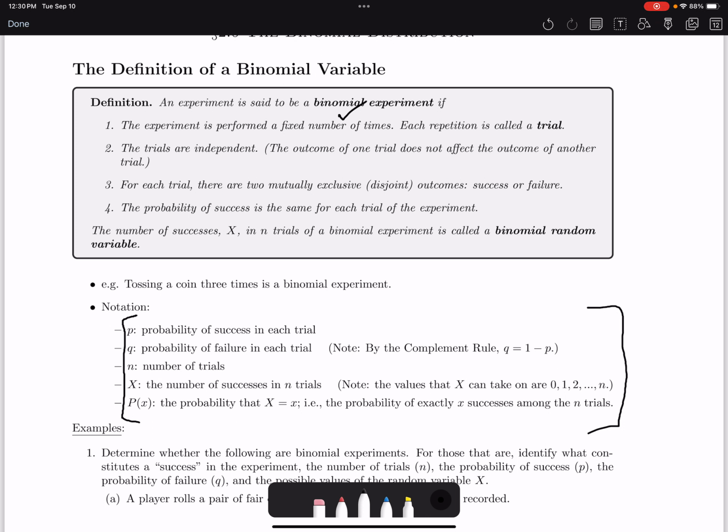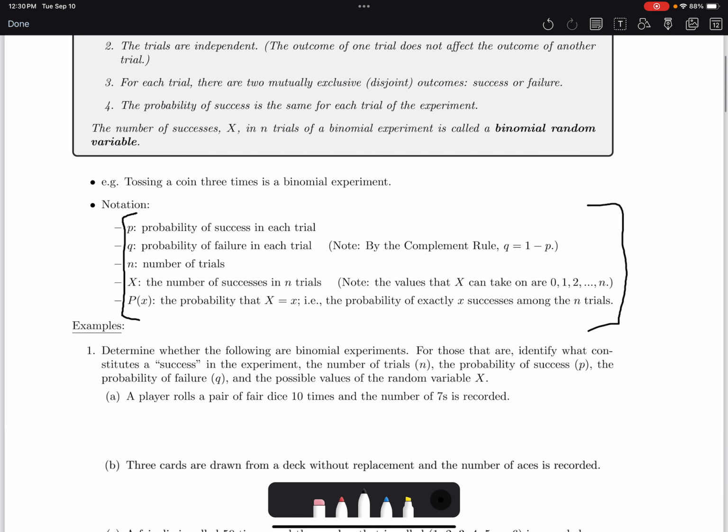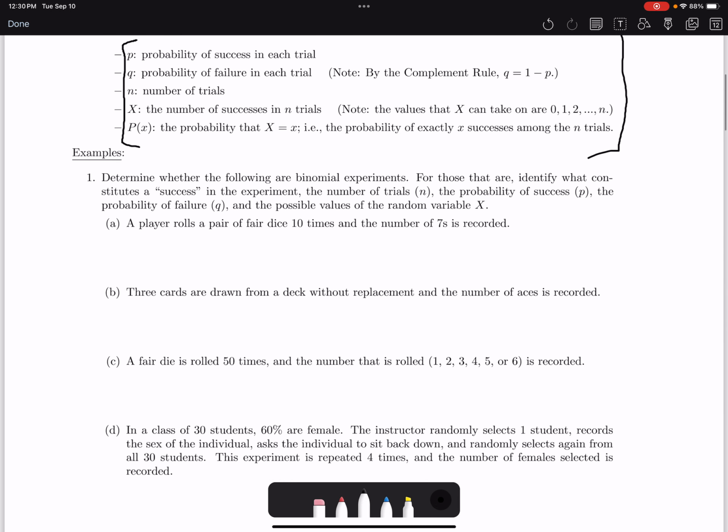The trials are all independent, right? When you roll a pair of fair dice, the outcome of your first roll does not affect the outcome of your next roll, okay? For each trial, there are two mutually exclusive outcomes, success or failure. Now, here's where you might start to struggle a little bit, because you might say, well, aren't there a whole bunch of different possibilities when you roll a pair of fair dice? And the answer is yes, but the way that this experiment was stated, right, it said that we were going to record the number of 7s.